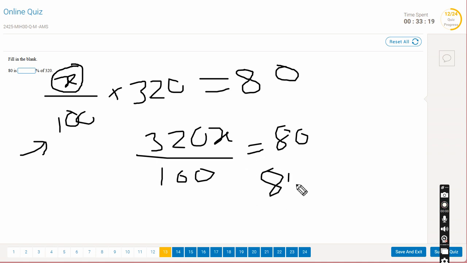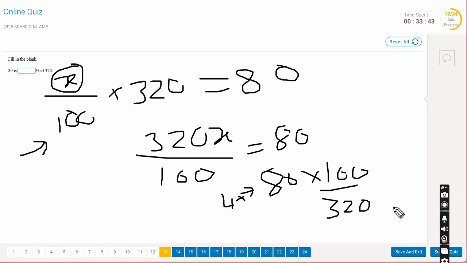So 80 times 100 over 320. Again, you can simplify this. Whenever you have fractions like this, try to find out if in the smaller number you have that multiplication. So we know that in 80, 8 times 4 is 320.